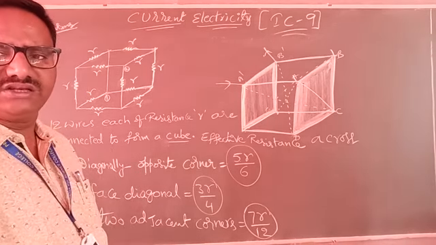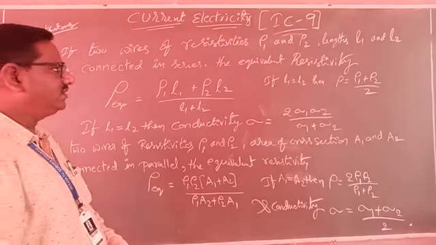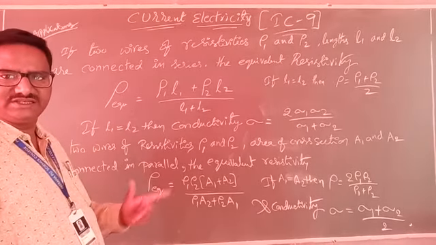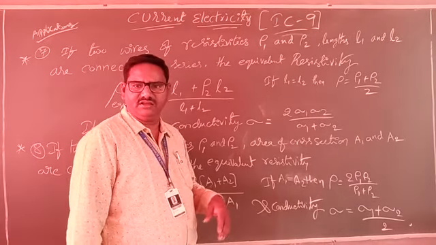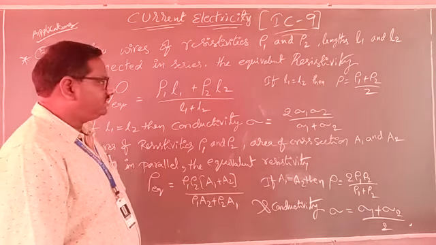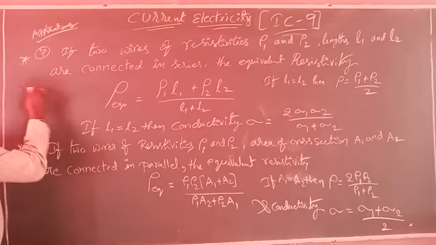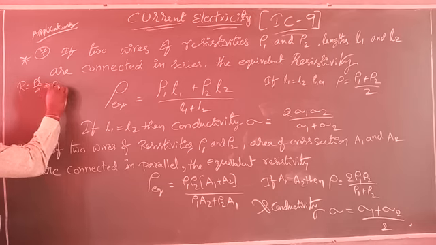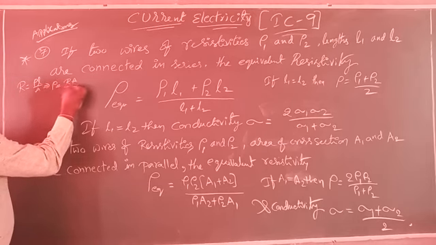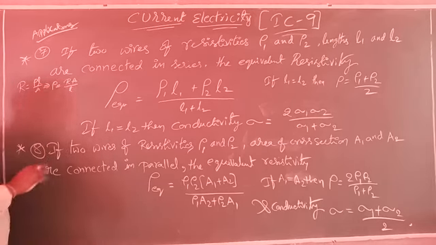Okay, next one. See, if I have two wires, its resistance will be R and resistivity will be rho 1. Then how can you write? R equal to rho L by A. From that, rho equal to what you can write? R into A by L. Say yes or no?